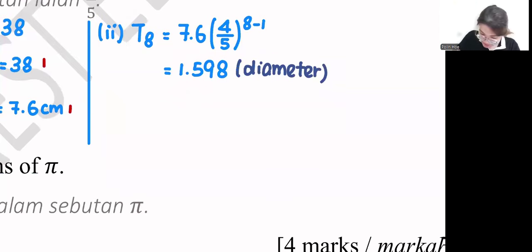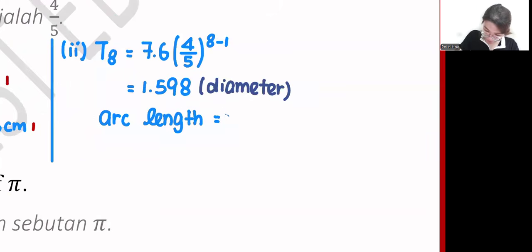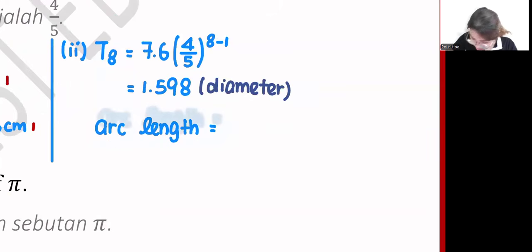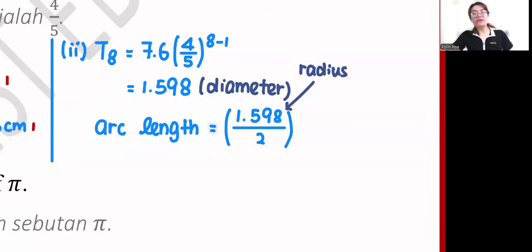Arc length of the 8th semicircle equals r, radius, 1.594 over 2, diameter to radius, theta. Semicircle, what is the angle?